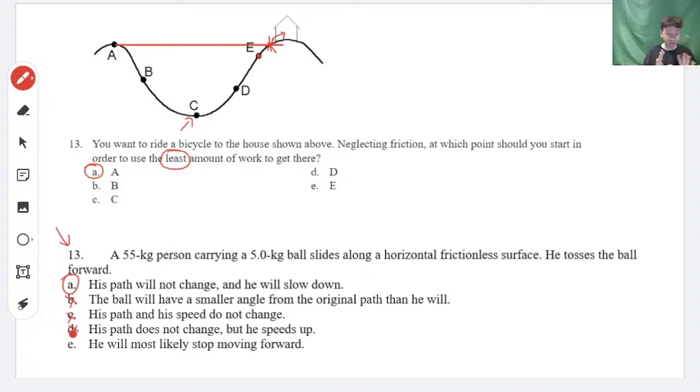Maybe if you started at rest, then yes, you would be moving backwards, but you're already moving forward. It doesn't tell you how fast you're moving forward, so you can't actually do those calculations. But the fact that it says most likely, I think that's where it's going to be wrong. The best answer is going to be A, not E.